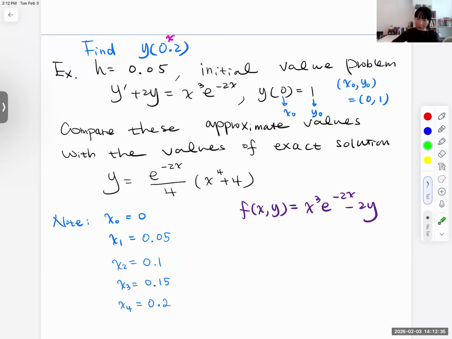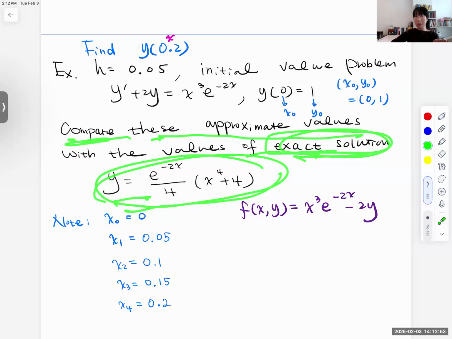And then they say that we need to compare the approximate values with the exact solution. Why are we doing the Euler method? Because we cannot find the solution, right? That's why we are doing the Euler method.